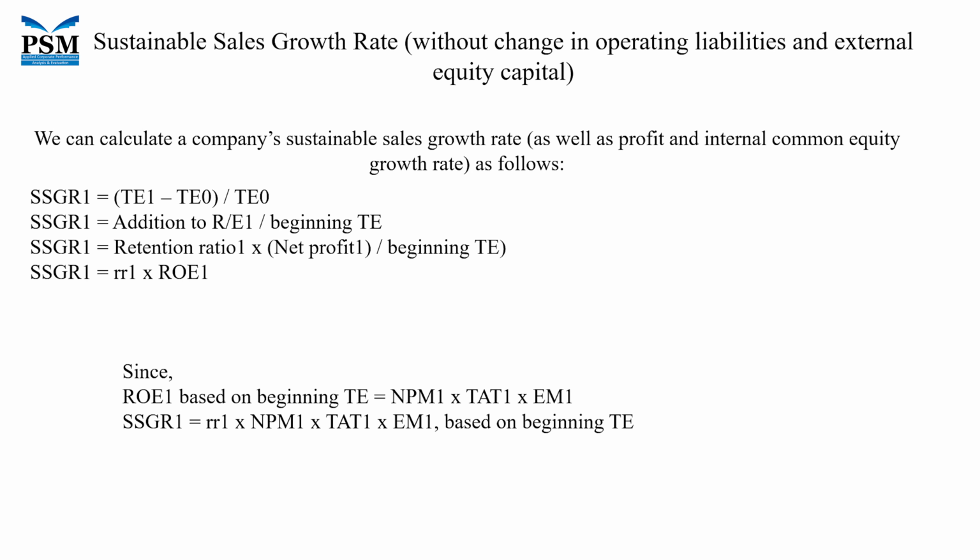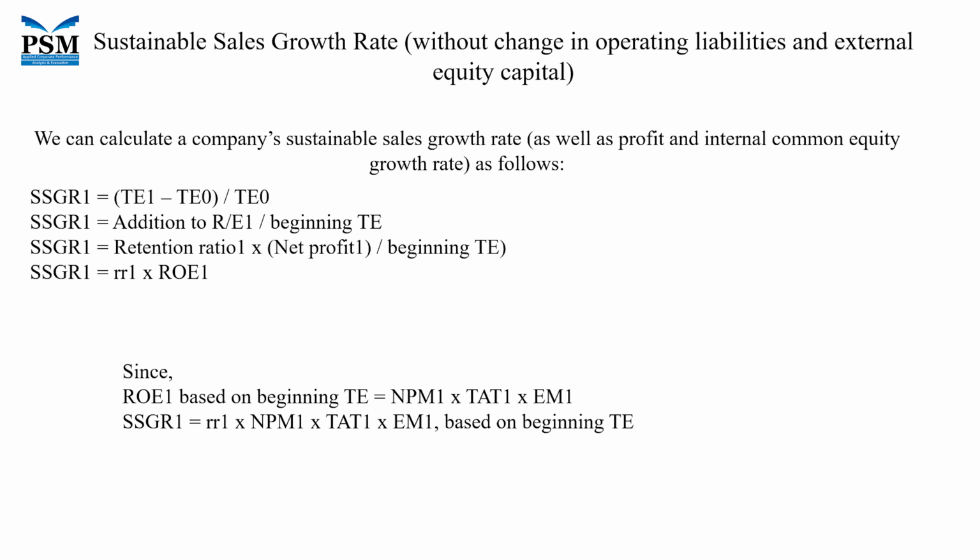SSGR depends on 4 variables. The retention ratio, RR, which is the proportion of the profit retained by the company or reinvested in the business. And the other 3 variables, net profit margin and TAT, represent the operational efficiency of the company.